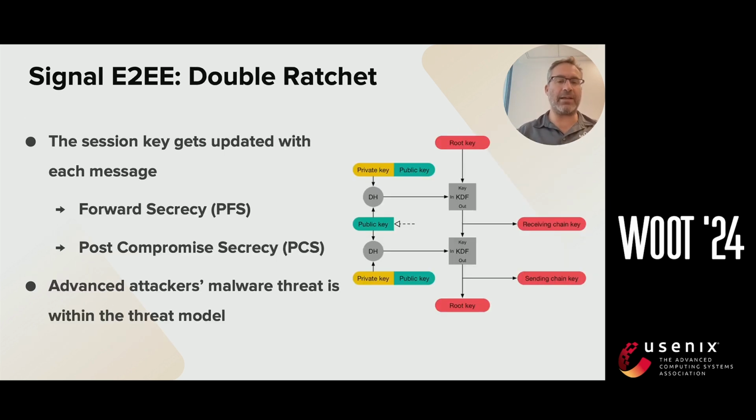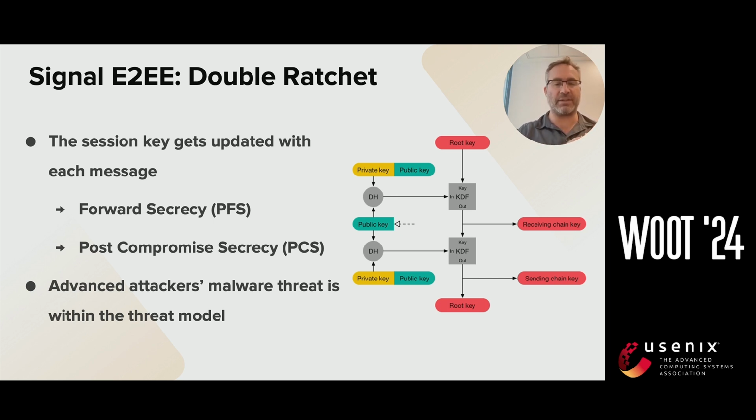If we zoom in a little bit on what's going on inside the Signal protocol, we can see the session key gets updated with each message, which provides both forward secrecy and post-compromise secrecy, which means that an advanced attacker, malware, is within the threat model.